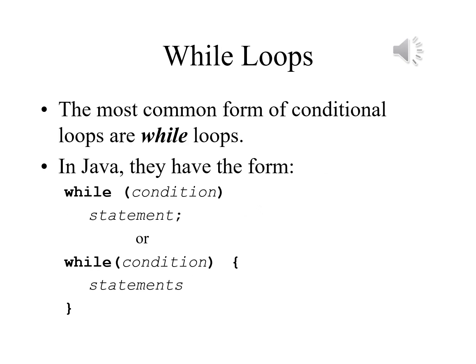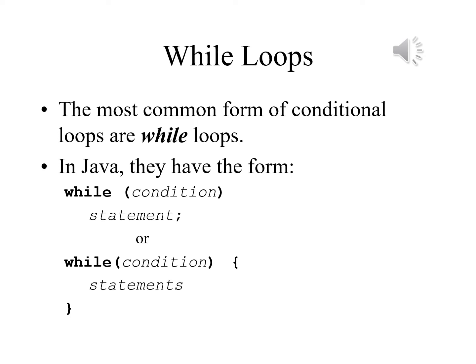The most common form of conditional loops are while loops. In Java, they have the following form. We start with the reserved word while. We have a condition inside parentheses, and then a statement ending in a semicolon.